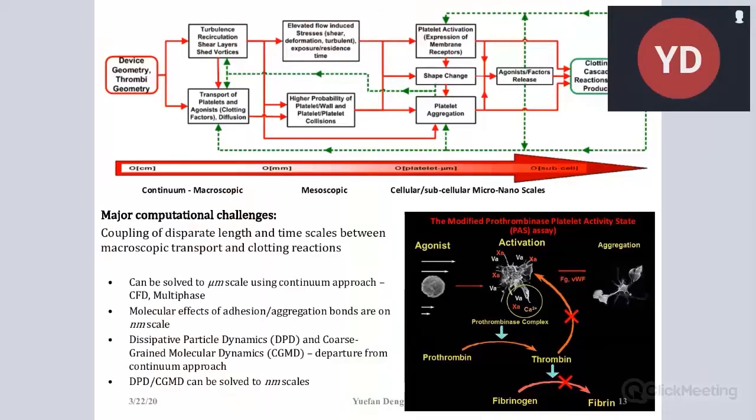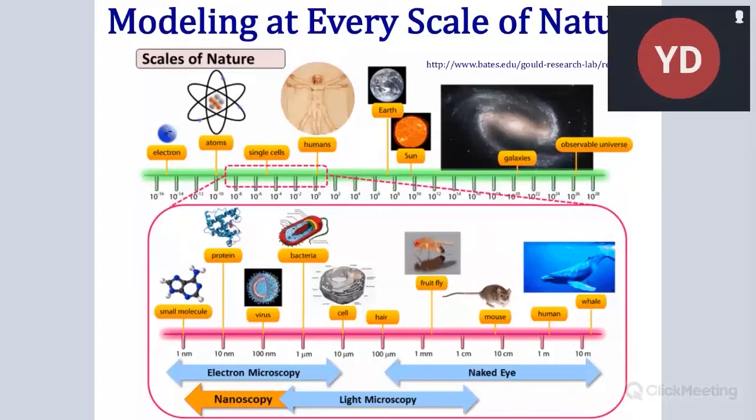Let me go a little bit faster since I wasted a little time at the beginning. Multi-scale modeling is everywhere in science. You don't want to simulate a multi-scale problem using a single scale. If you go to the larger scale, you miss the fine structure. If you go to the fine or detailed scale, you waste time on the larger scale. If you stay in the middle, you miss both.